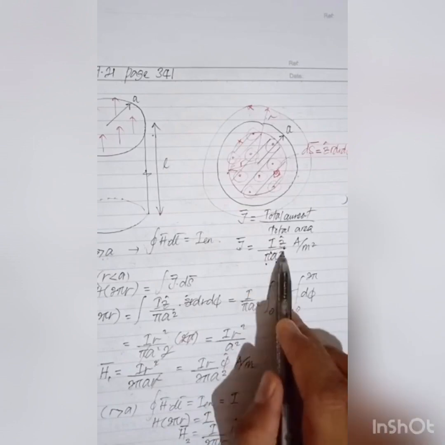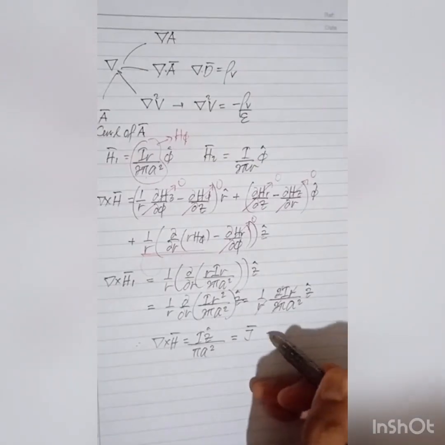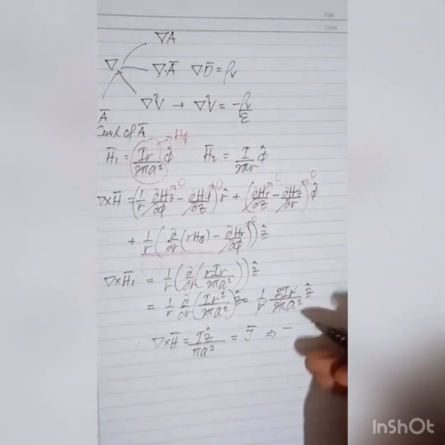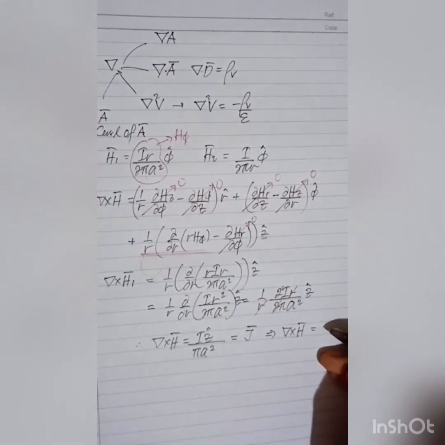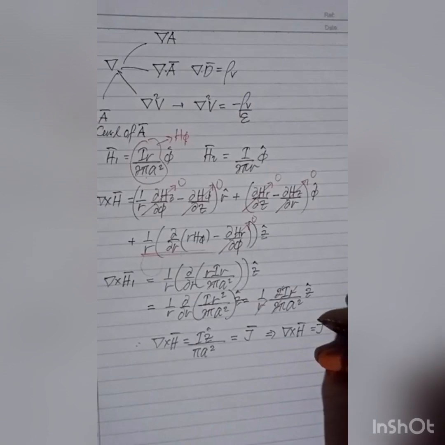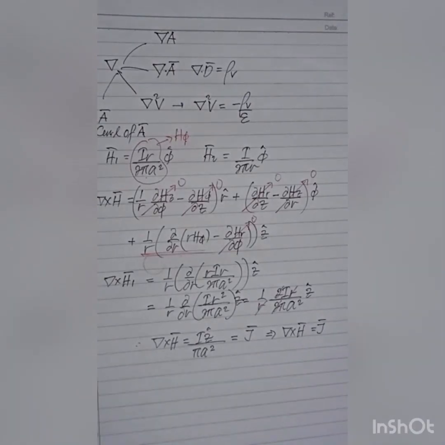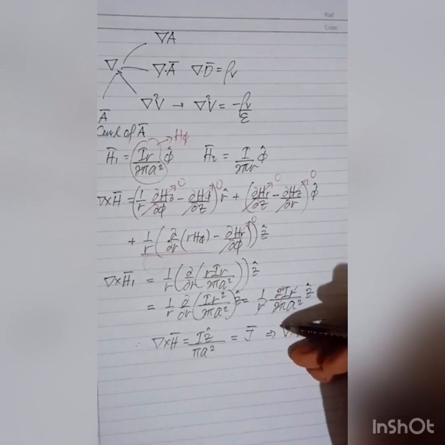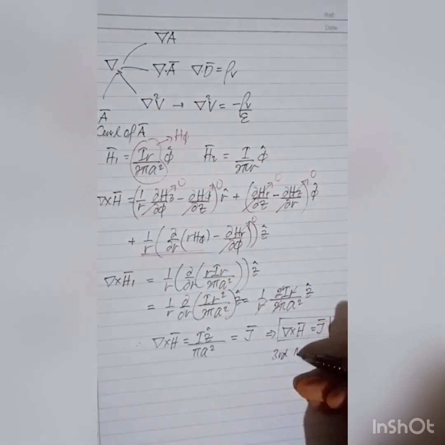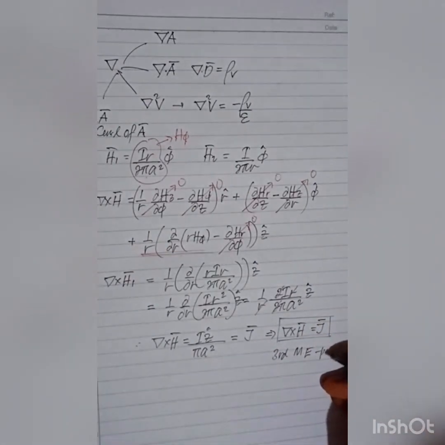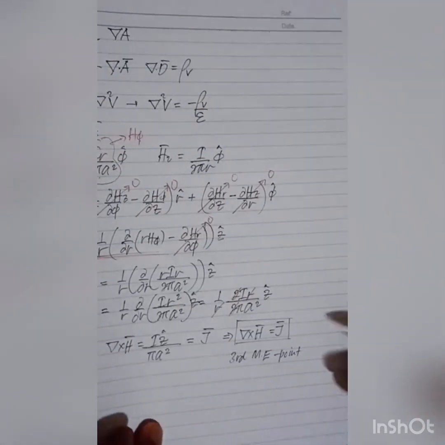So we can simply change this whole term into J. Finally you have this simplified version of curl of H, which is equal to J. And guys, this is our third Maxwell equation in point form. Let me note it down there.